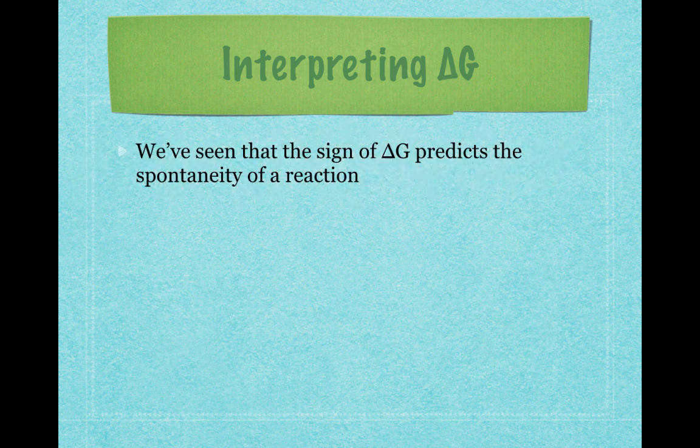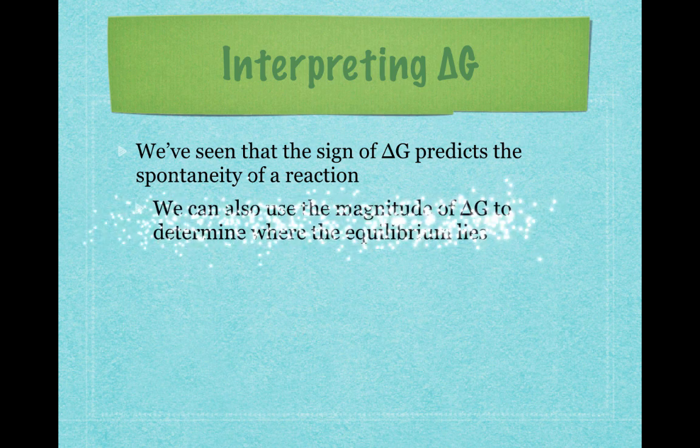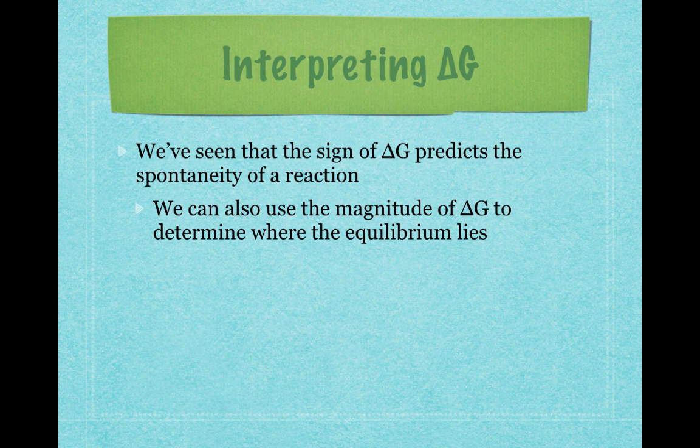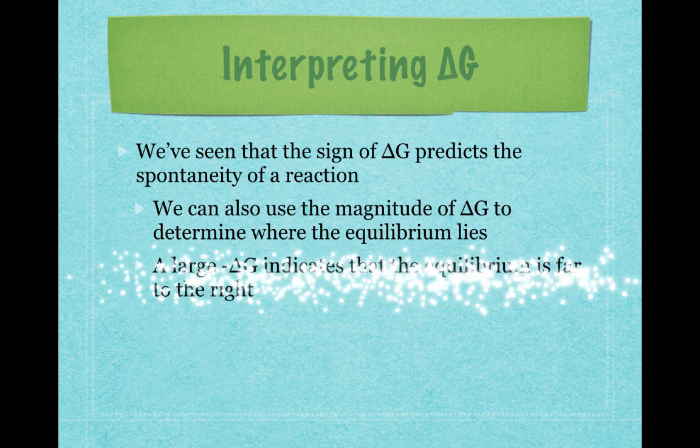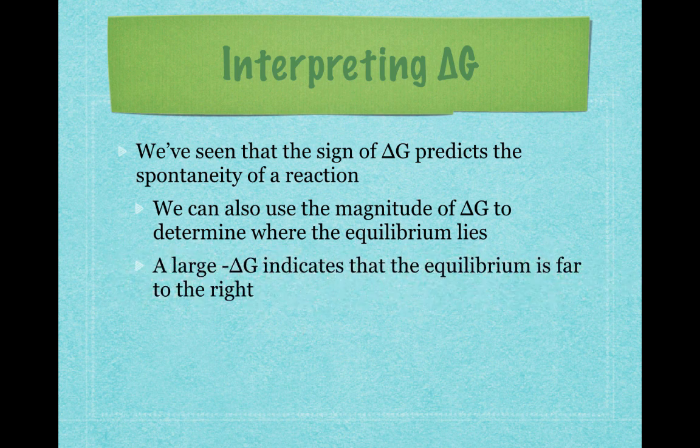So let's talk about how we interpret this value of delta G. We've looked at the sign of delta G and seen how it can predict the spontaneity of a reaction. And the other thing that we can use delta G for is to look at the size of the delta G, how positive or how negative it is. And that can tell us something about where the equilibrium lies. If we have a really large negative delta G, it indicates that the equilibrium is far to the right and so very much favors the products.